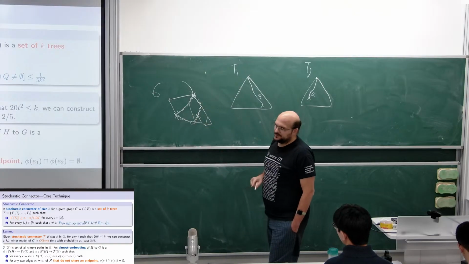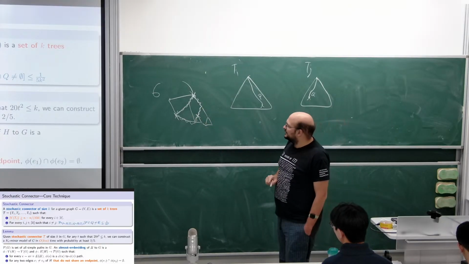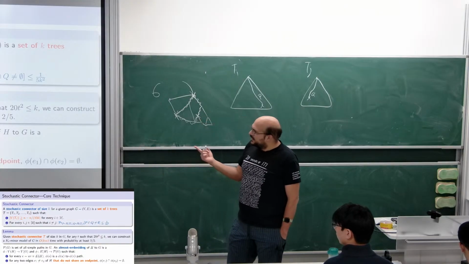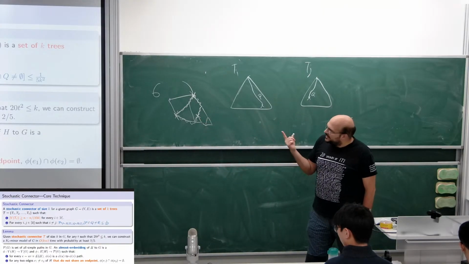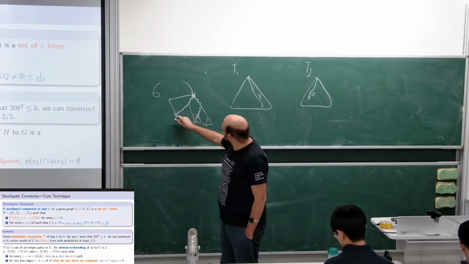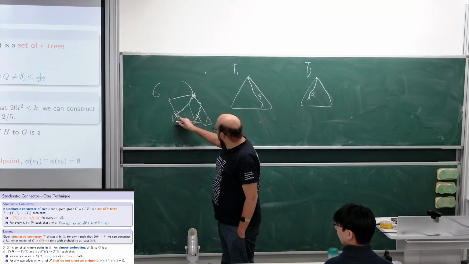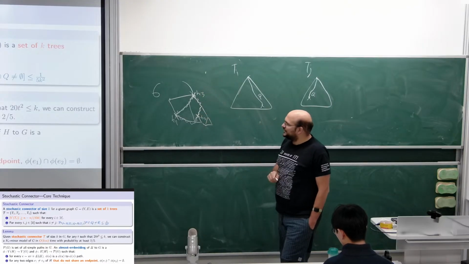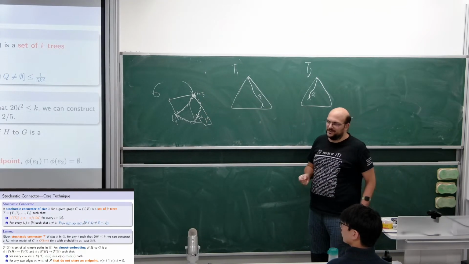This is the first condition, and the second condition is that I would like to care only about edges of H that don't share an endpoint. So in this case, if H were just those H1, H2, H3, they all share the endpoint, so there is nothing more to be shown.